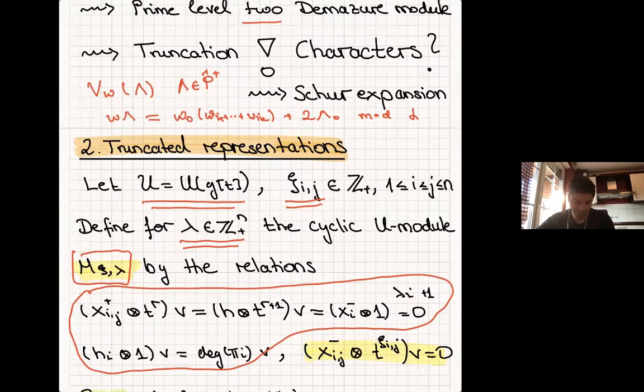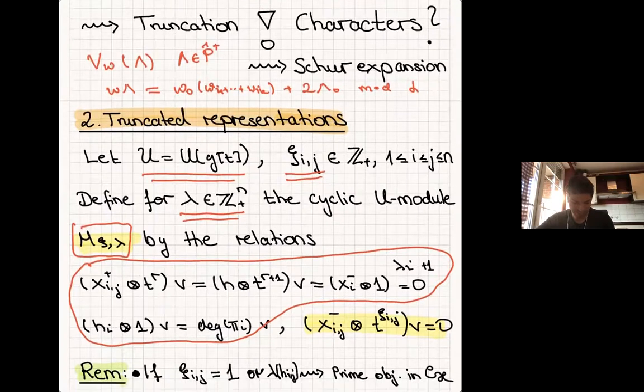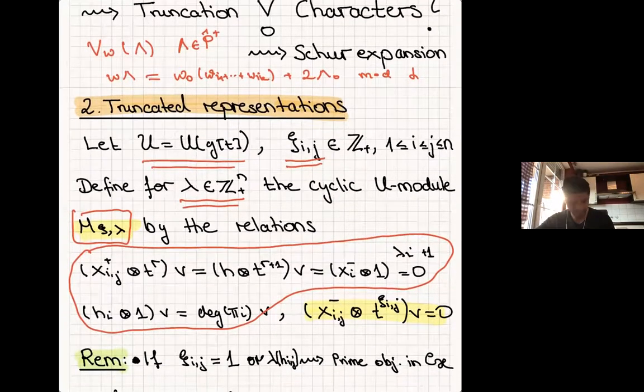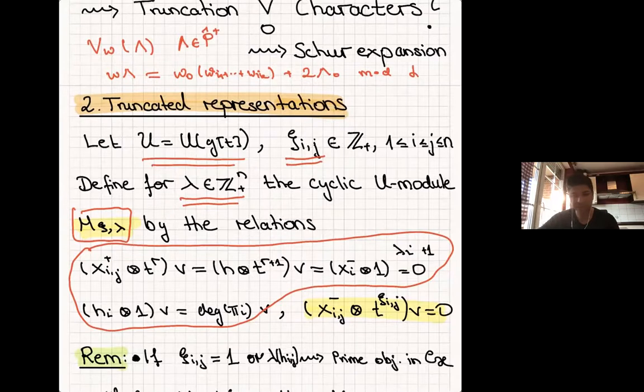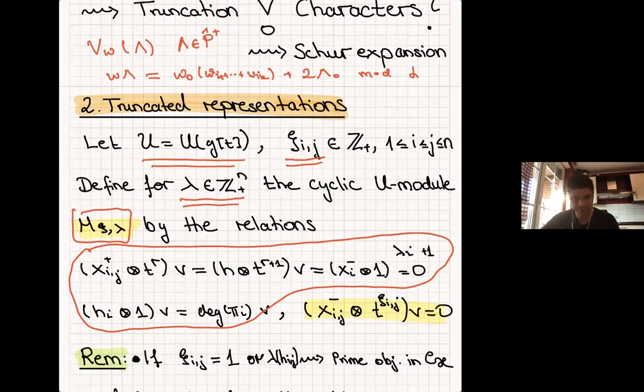Also, the remark you should see from here is that when you appropriately choose psi_ij, either 1 or big enough, whatever that means, you get exactly the prime objects in this Hernandez-Leclerc category. So this is a generalization of that, but it also includes many other nice families.